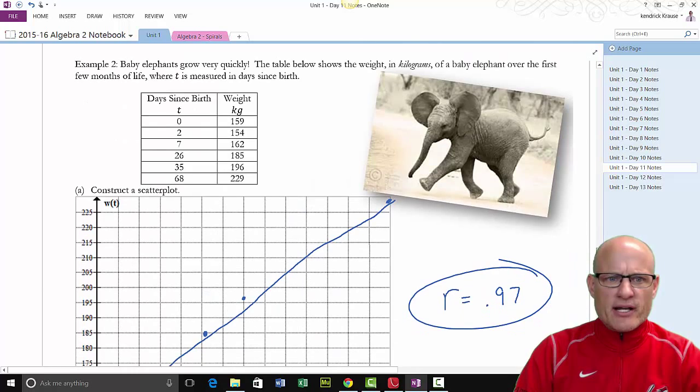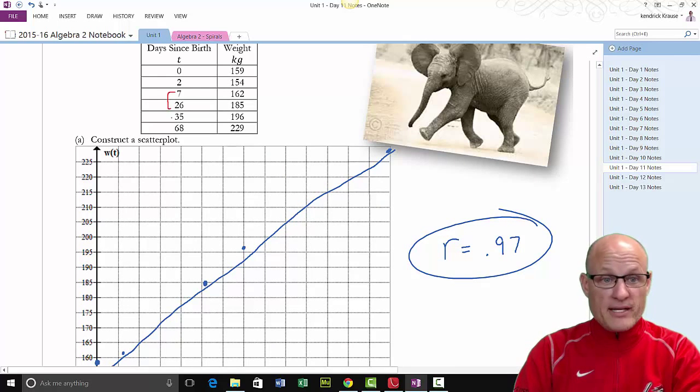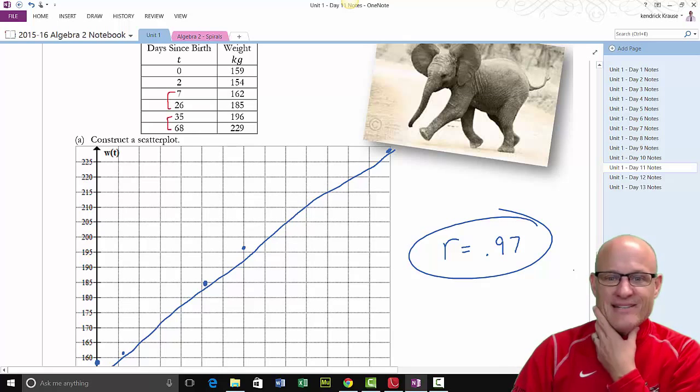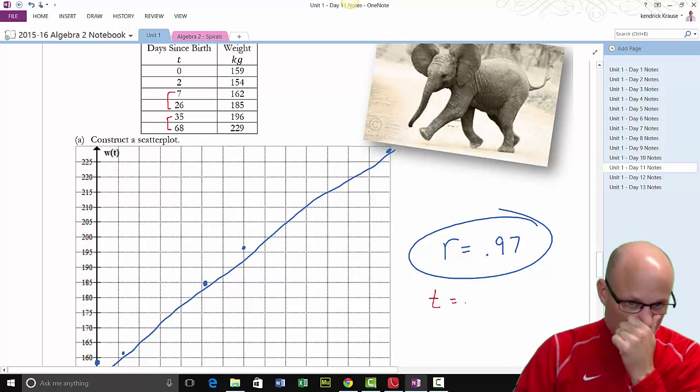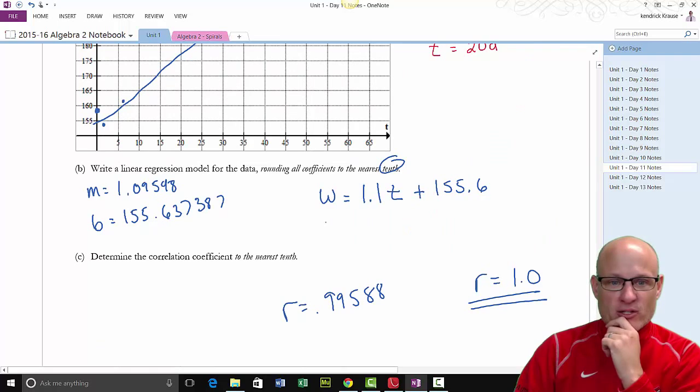Let me do the same thing here with the elephant. Let's say there's a big gap between 7 and 26. So let's do a couple of things. Let's say we want to ask about a time of 20 days. How much would this elephant weigh at 20 days? That's really simple. All you got to do is take the weight equation and plug in 20.